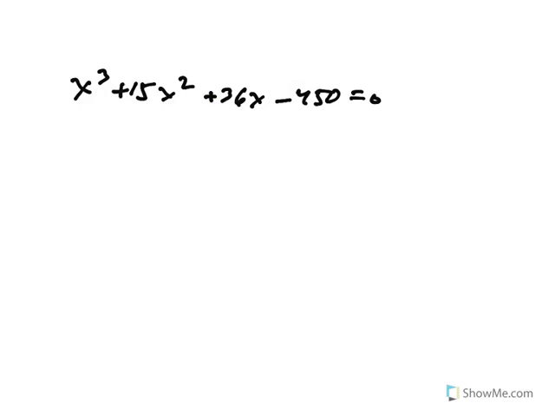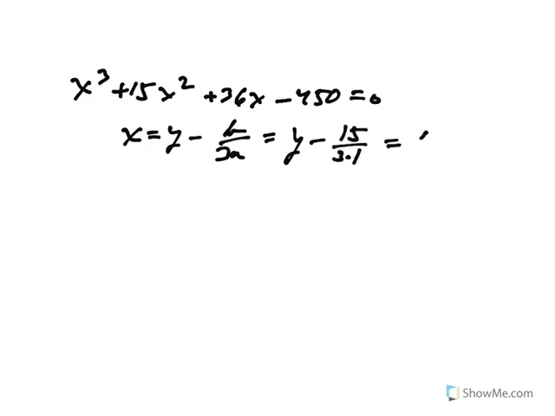So here's one that doesn't have a nice integer answer. You replace x with y minus b over 3a. b is 15, a is 1, and you replace it with y minus 5. You do that in all 3 places.